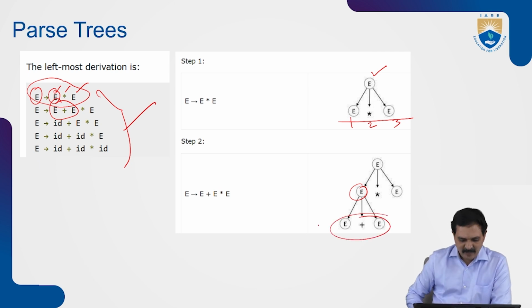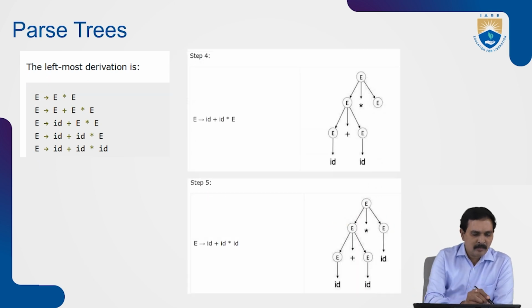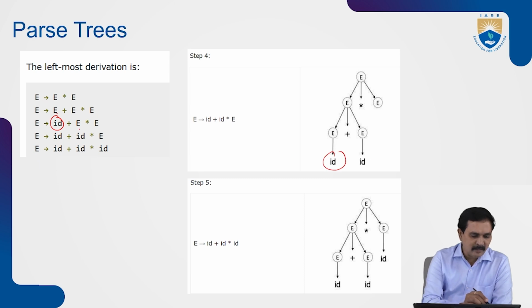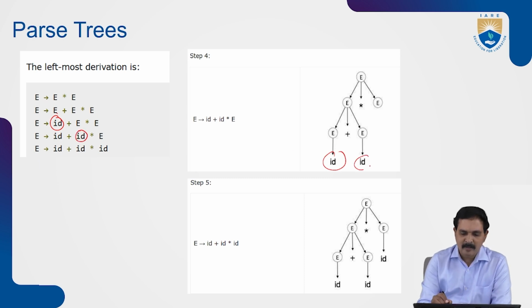And the next expansion is E becomes ID. Okay, E becomes ID. Next, this one is E becomes ID. Next, the last one, this also E becomes ID.